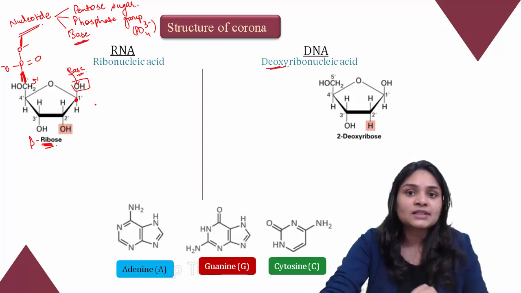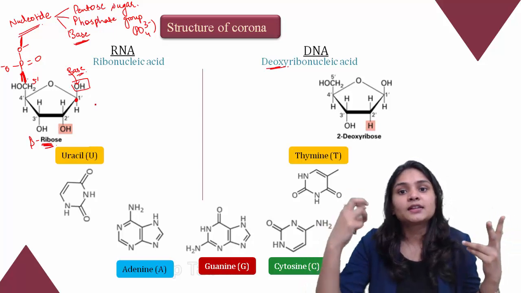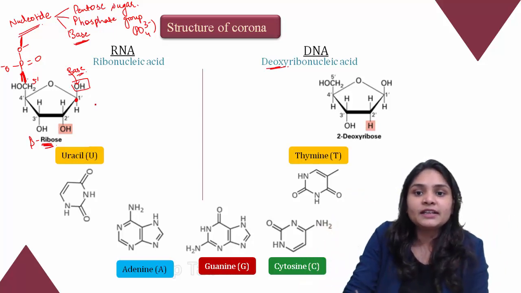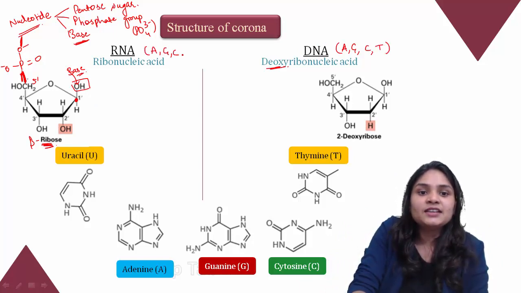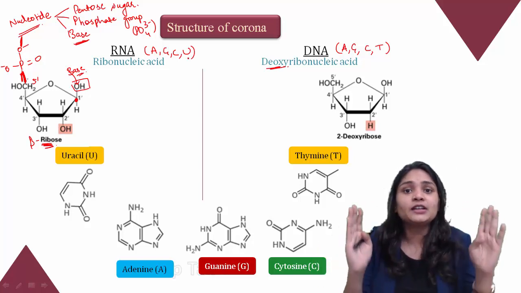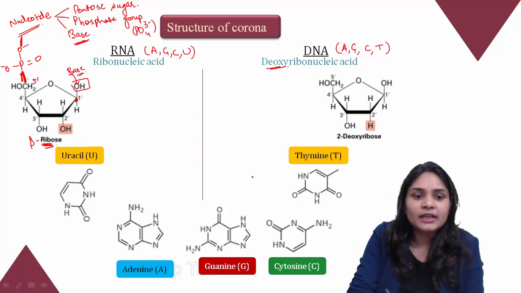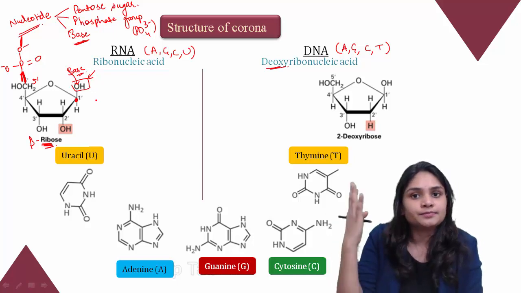The different ones are thymine in DNA and uracil in RNA. So basically the bases in DNA are A, G, C, T. In RNA it is A, G, C, U. This is the second difference. Okay? So any of these bases will be present at this position of your sugar.